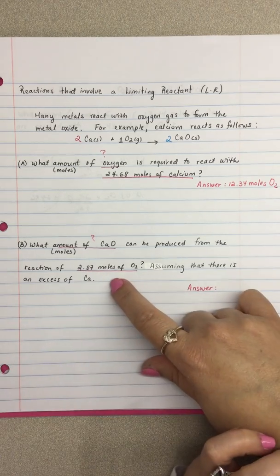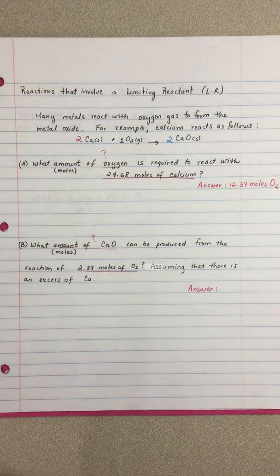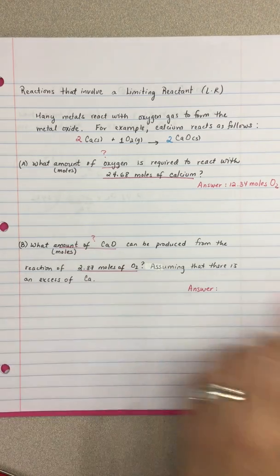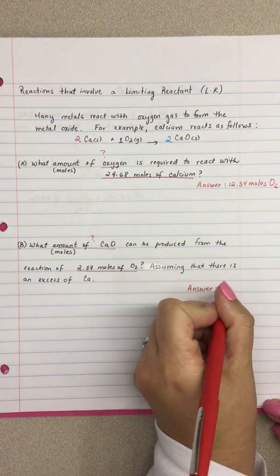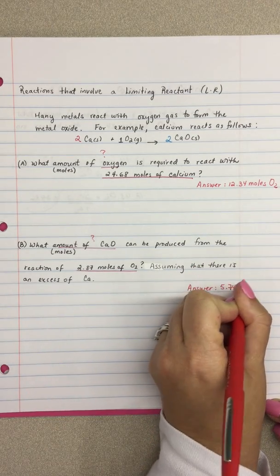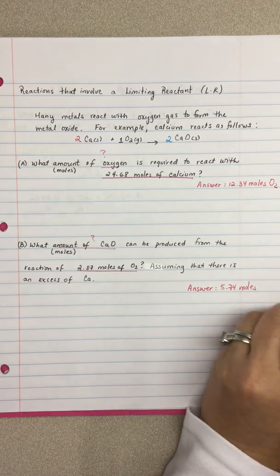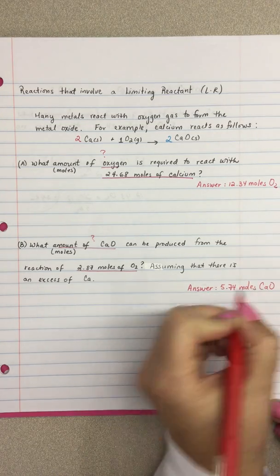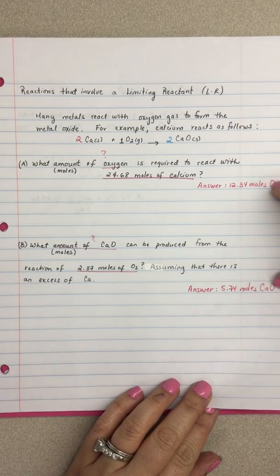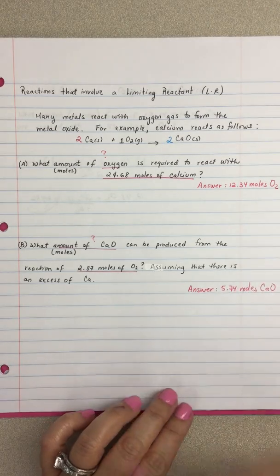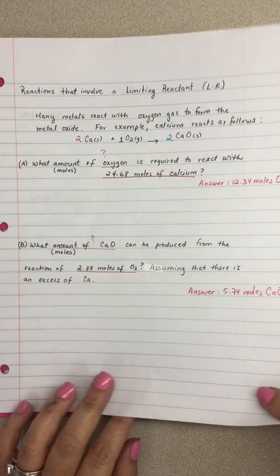Okay? So you're going from oxygen to the amount of your product. 2.87 moles of oxygen, how many moles of calcium oxide can you get? So that's the answer for each one. Do your calculation and check your numbers.